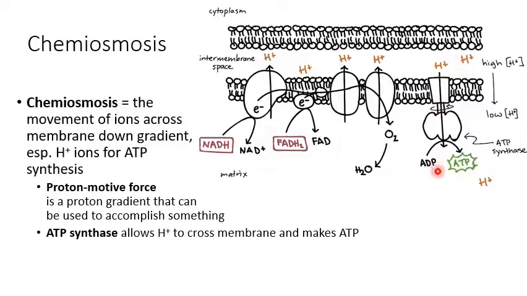They're going to be flowing down their concentration gradient, so that means that they're going to be moving across the membrane spontaneously. As they move, the energy of their movement is used to rotate the ATP synthase enzyme, to rotate this head of it here, and as the head is rotating, it starts making ATP. It's going to start taking ADP and attaching free phosphates to it to make ATP.